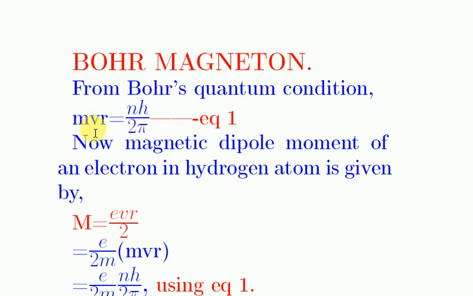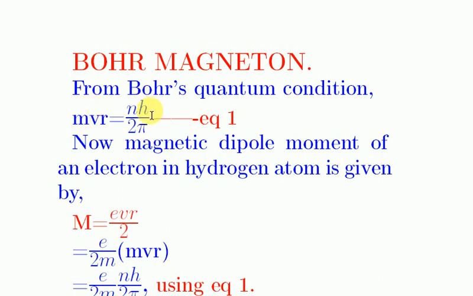That is, the angular momentum of an electron is n times h by 2 pi, where n is the principal quantum number, that is, the number of the orbit, and h by 2 pi is a constant, and h is known as Planck's constant. mvr is the angular momentum of an electron at nth orbit, which is moving around the nucleus of hydrogen atom, and m is the mass of the electron, v is the velocity of the electron, and r is the radius of nth orbit.